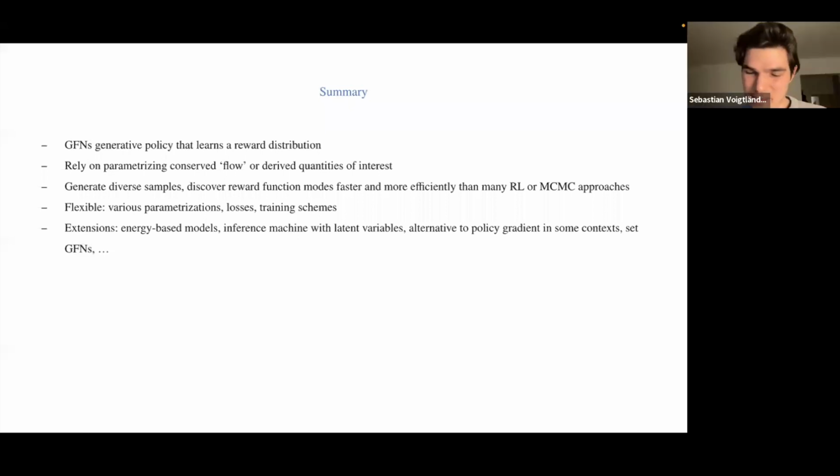Okay, so from my personal perspective, it seems to be a very efficient method to learn reward distributions. And what I find very appealing is that it has been designed... I don't know if that was the explicit idea in the beginning, because I also heard it was inspired by Bellman equations from reinforcement learning.